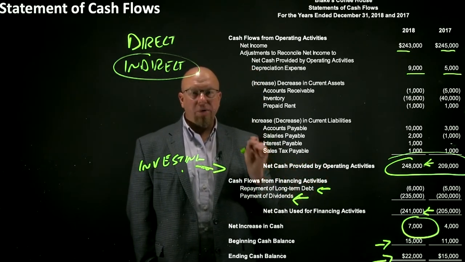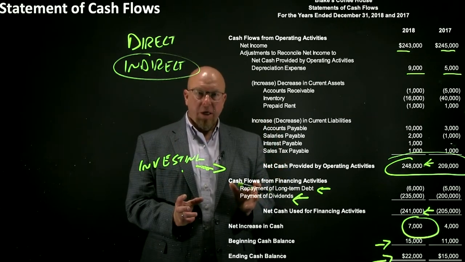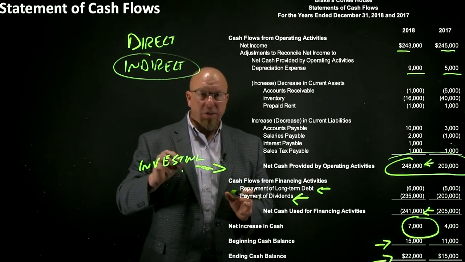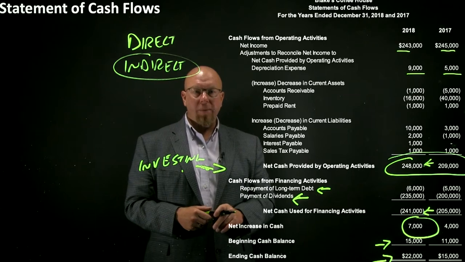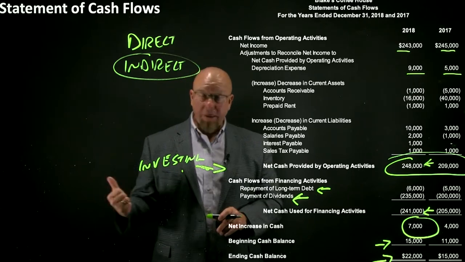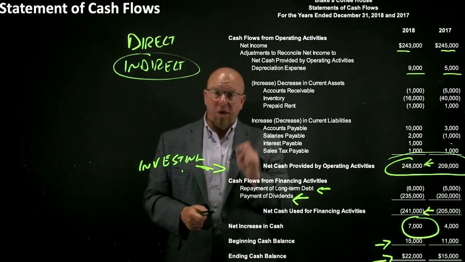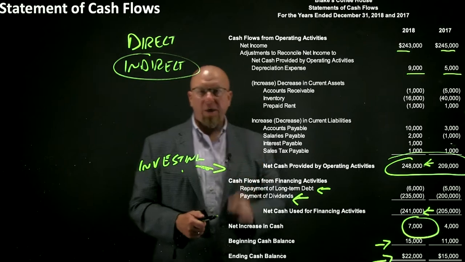So this is such a critical statement to bring everything together. And when used with the income statement and the balance sheet and owner's equity, all those statements in concert really help us get a picture of what's happened in the past with a company, and then help us also assess those future cash flows. How much, when, and how likely.